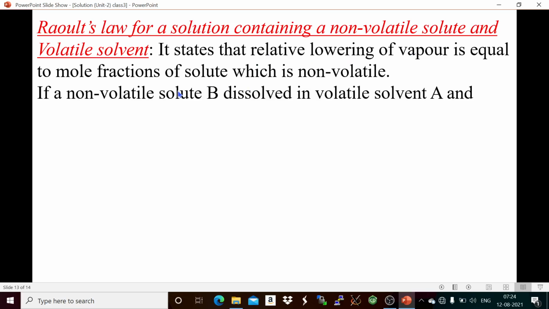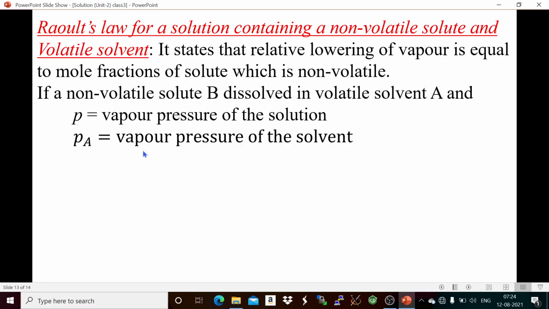Now I will explain what relative lowering of vapor pressure is. Suppose a non-volatile solute B is dissolved in a volatile solvent A, and P is the total pressure of the solution. PA is the vapor pressure of the solvent, and PB is the vapor pressure of the solute.